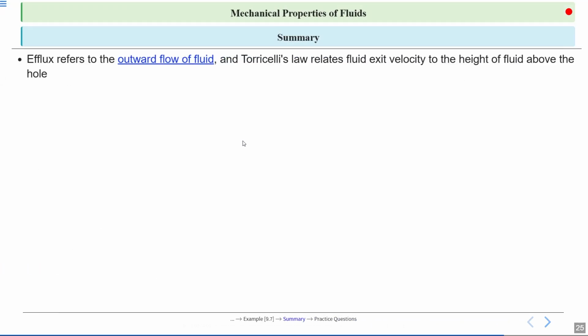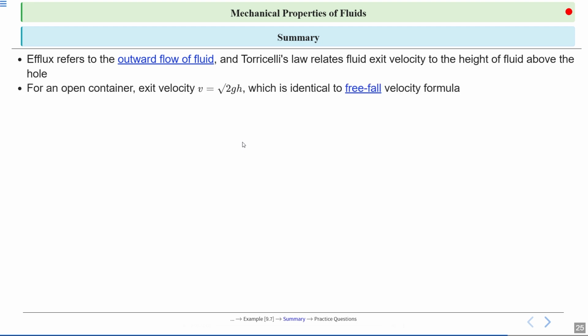Now let's summarize what we have studied so far in this lecture. Efflux refers to the outward flow of fluid, and Torricelli's law relates fluid exit velocity to the height of fluid above the hole. For an open container, exit velocity v equals the square root of 2gh, which is identical to the free fall velocity formula.